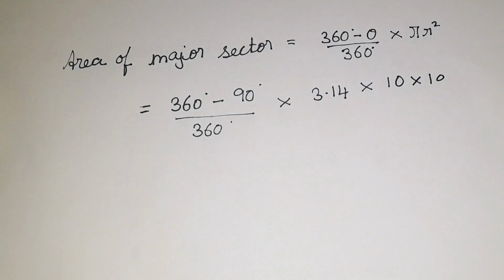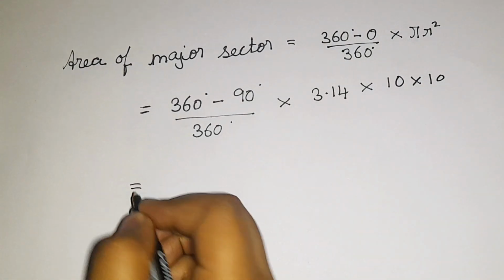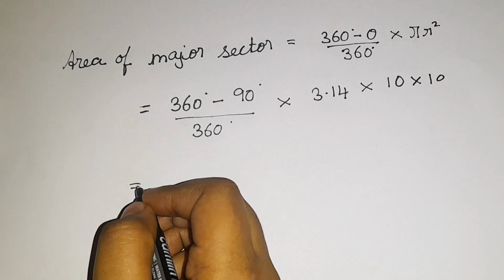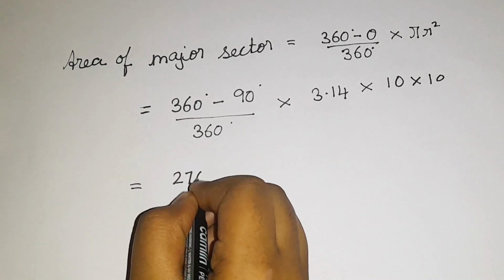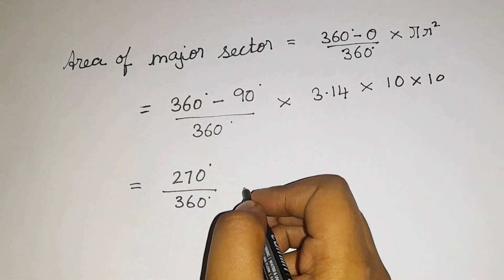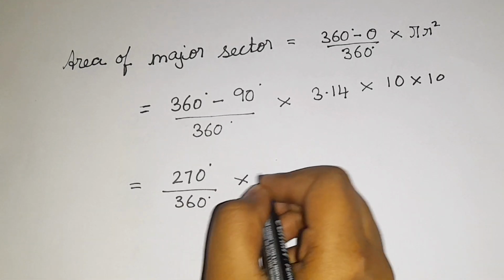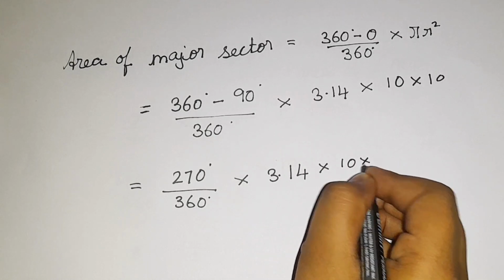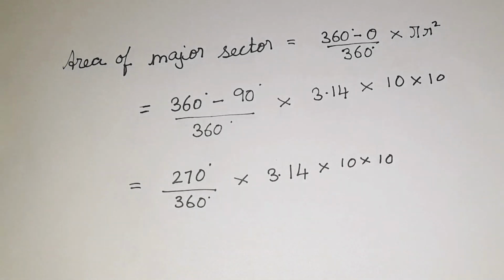Now let us solve 360 minus 90 degree, am I right? When we subtract them, we get 270 degree over 360 degree, and then into 3.14 into 10 into 10. Alright guys, now let us solve these values.